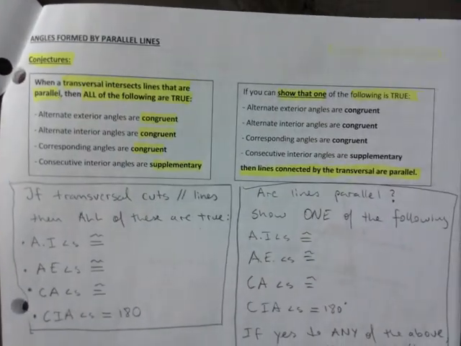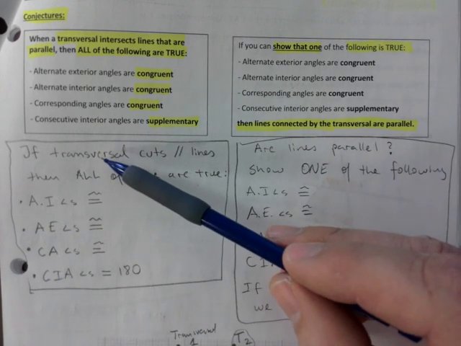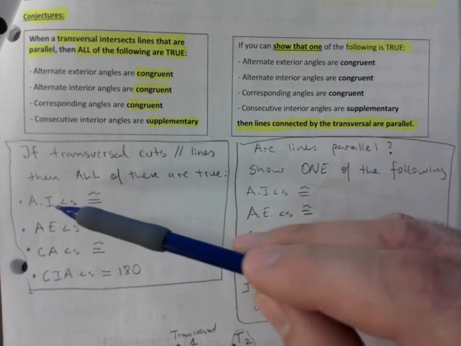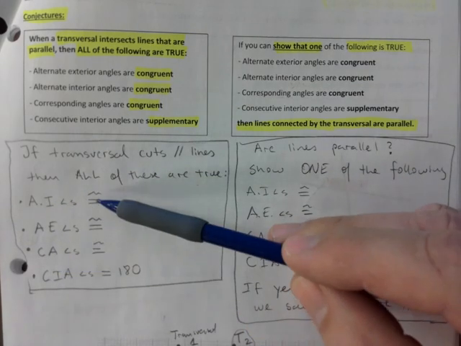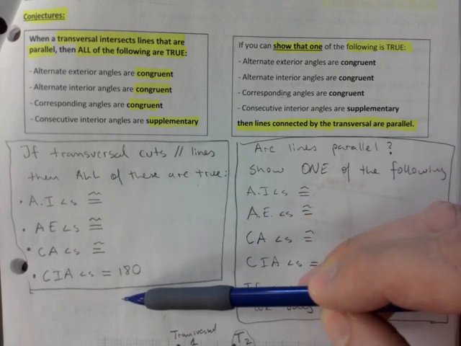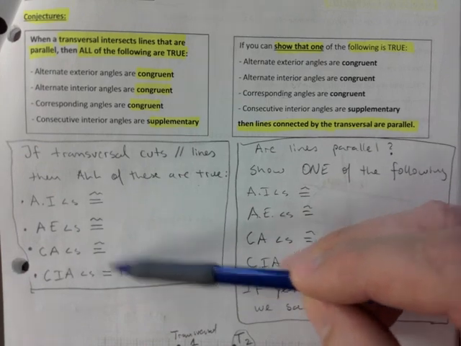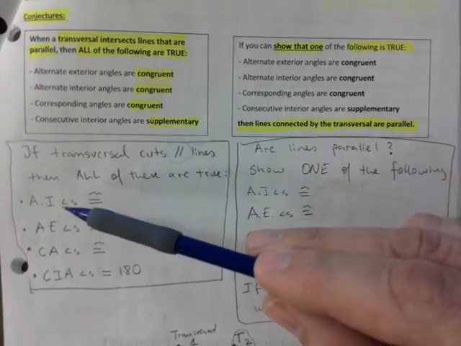I want to park here again a little bit just to clarify. If there's a transversal, we always have these 4 pairs of angles, but they're not always going to fulfill this requirement. Does that make sense? This only happens if lines are indeed parallel. Let's look at this example down here.